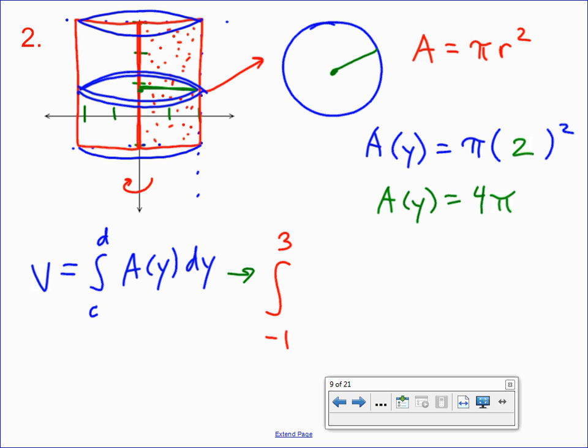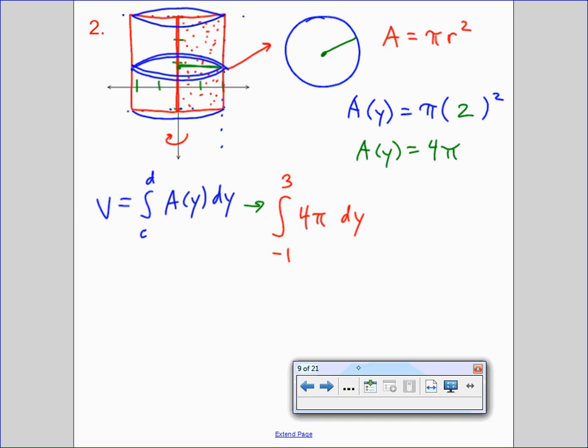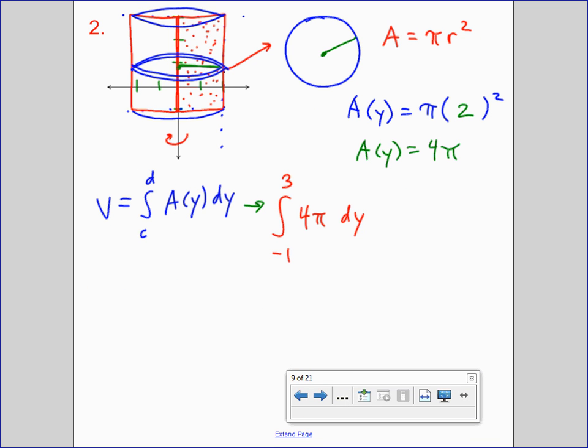My area formula is 4 pi. Then we're integrating with respect to y. Well, this is an easy antiderivative. 4 pi is just a constant, so the antiderivative of 4 pi would be 4 pi y, just like the antiderivative of 2 with respect to x is 2x, or the antiderivative of 11 thirds with respect to m is 11 thirds m. So this would simply be 4 pi y evaluated from negative 1 to 3.